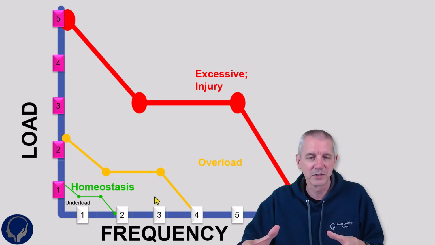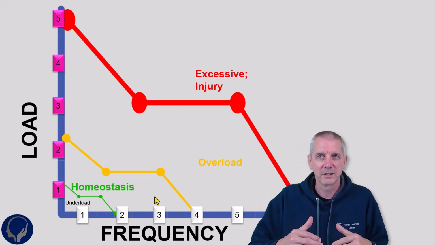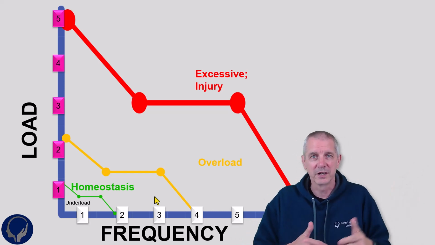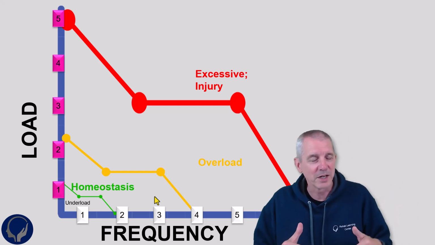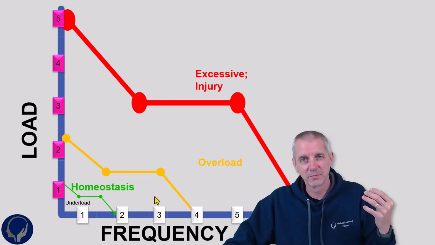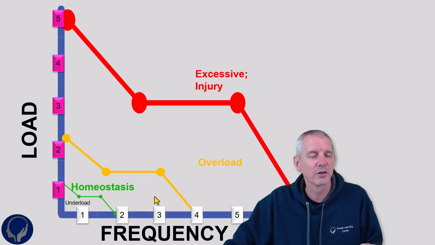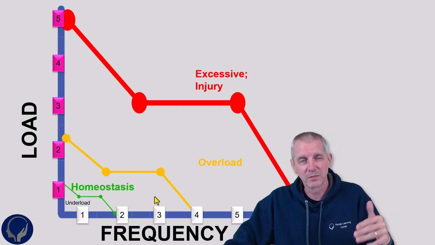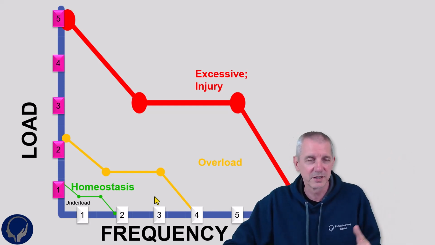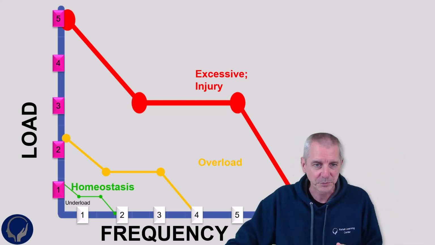Which means the load on that tissue is not hypertrophying the tissue, and it's not atrophying the tissue either, it's not too little load. It's a load that's not going to either increase or decrease its capability.